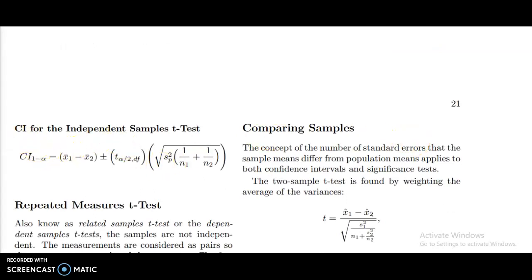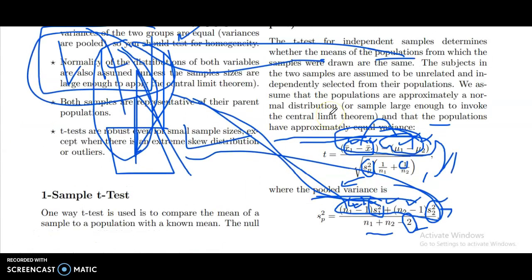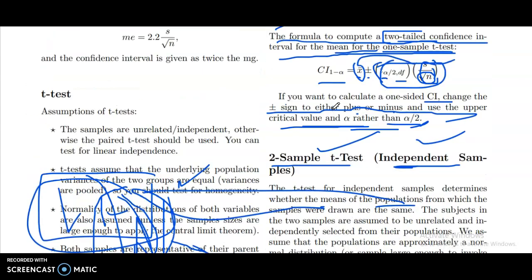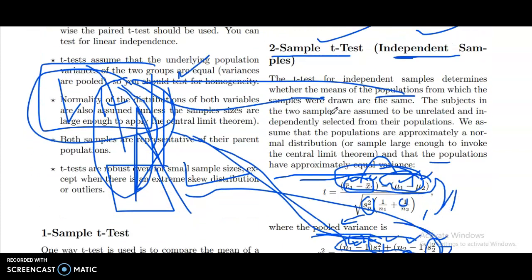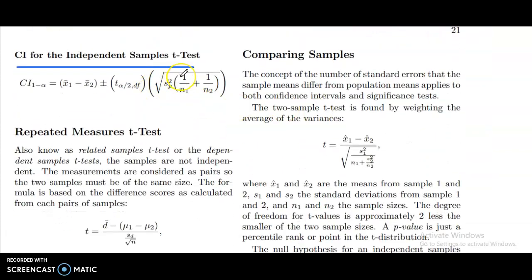Okay. CI for the independent samples t-test. Here we take two samples.